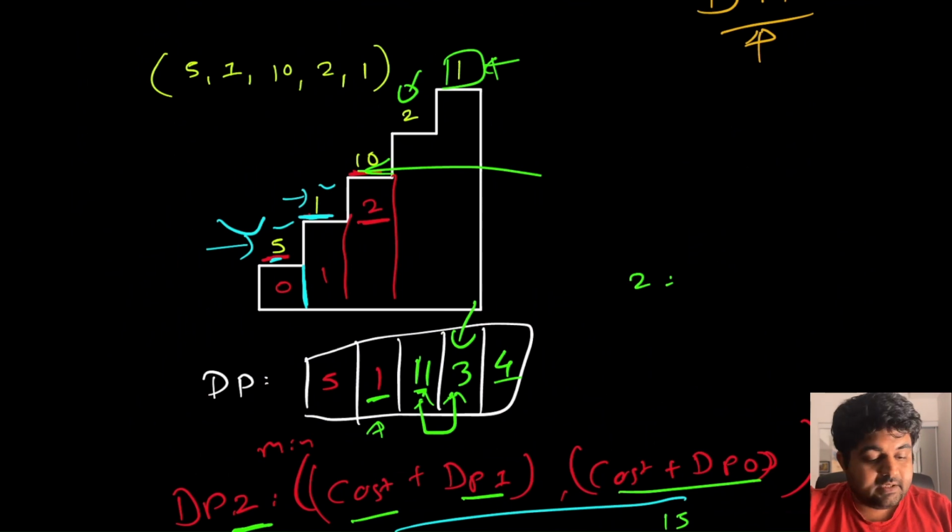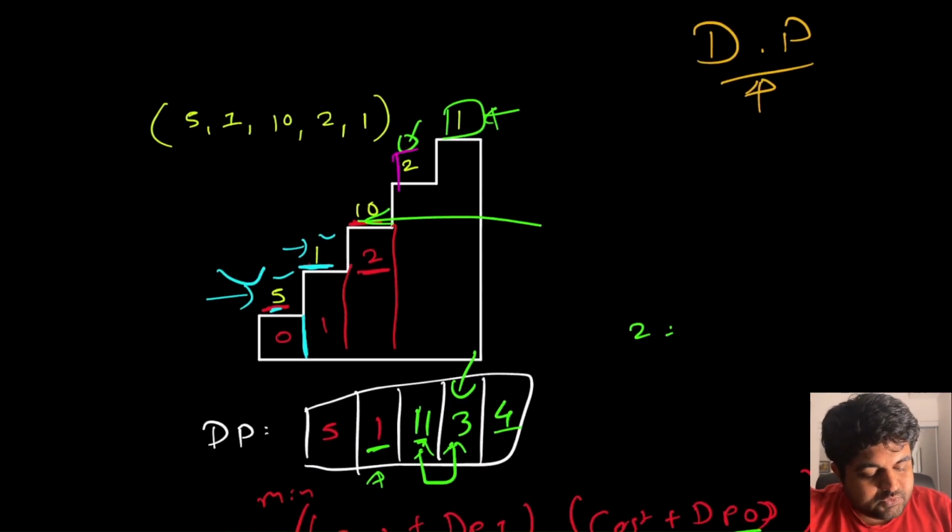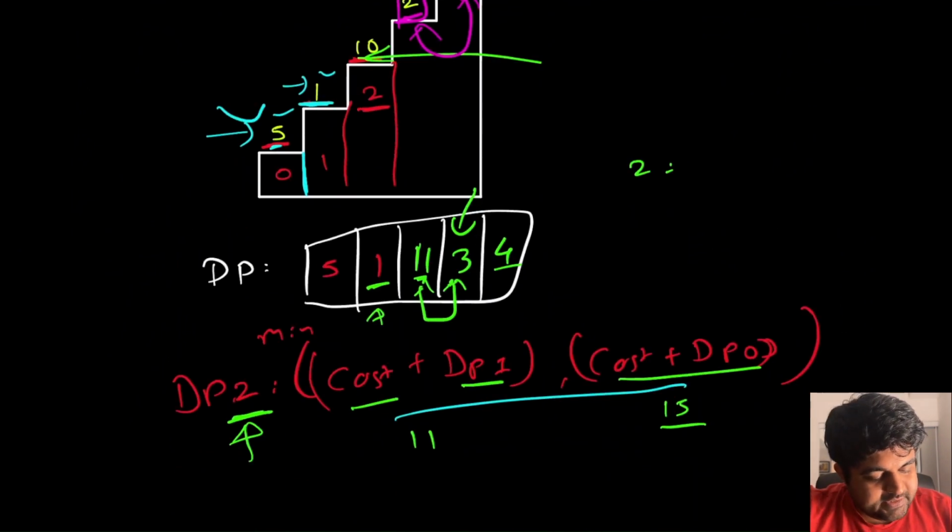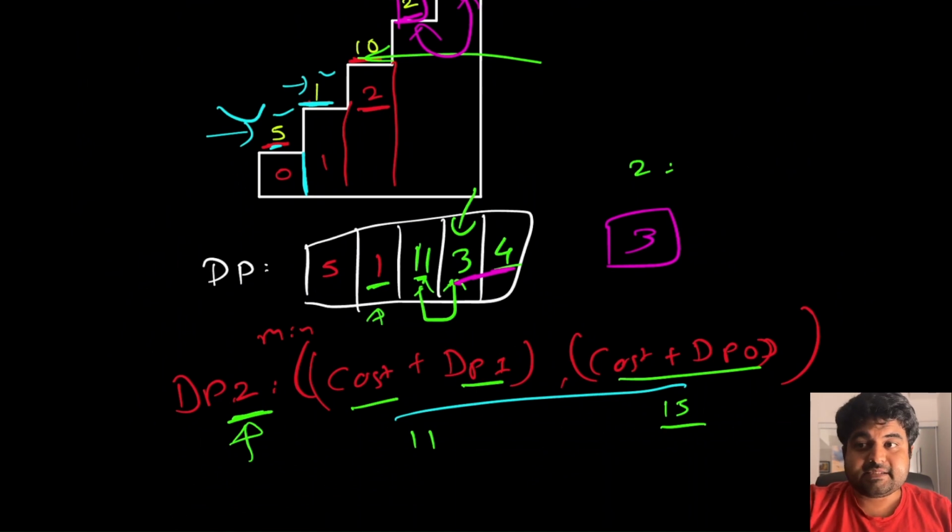Now notice that we have the option to choose the minimum cost amongst these two entries. Whichever is the smaller value amongst these two is the one we are going to pick for the answer, because you can go to the top from this 2 step as well, and you can go to the top from this 1 step as well. So once again, the minimum of these two is going to be 3, so we are going to return 3 as the answer in this case.